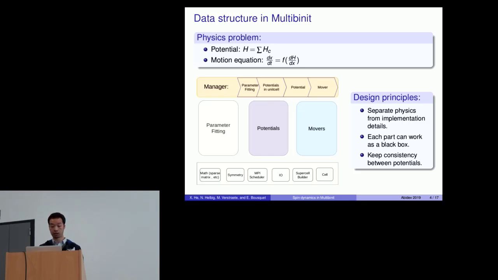First, what we want to do is to separate the physics from the implementation details. So we designed a 3-layer structure. On the bottom layer, we have the low-level things like the mathematics, symmetry, MPI, I/O, and supercell builders and cell structures.